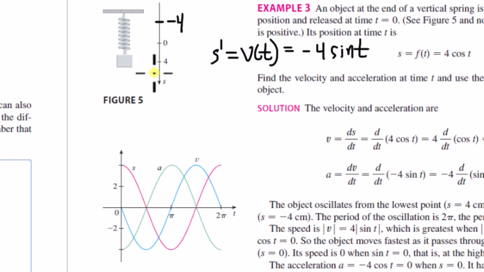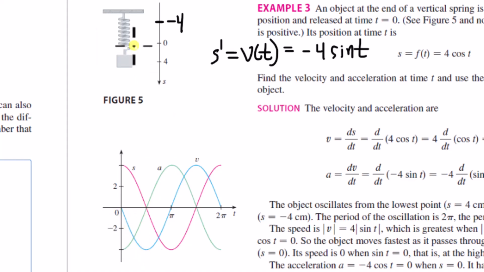The velocity is increasing in this direction. This is positive s going down. The block is accelerating even though it's not moving. Right when you release the block, the velocity is 0. It's still accelerating in the negative direction. The position is at +4. So it's accelerating, and its velocity is increasing.